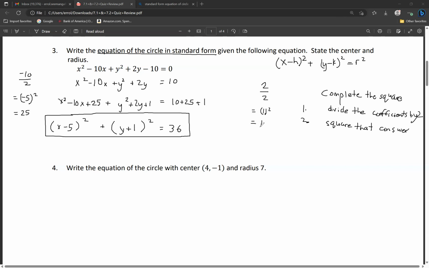All right, so number 4: write the equation of the circle with center that and radius that. This one is straightforward. How do we do this one? Here's your standard form. What do I write on the next line? They give you the center and the radius. Just plug everything in.